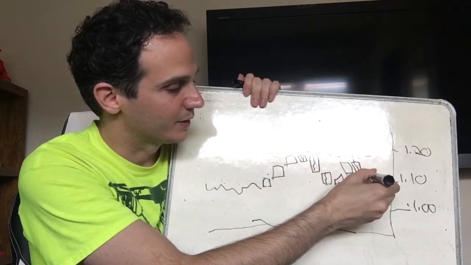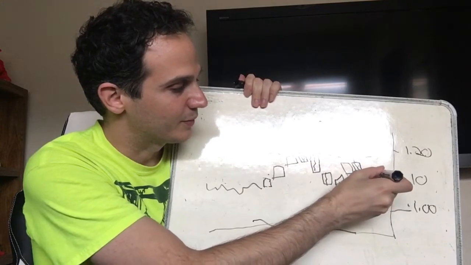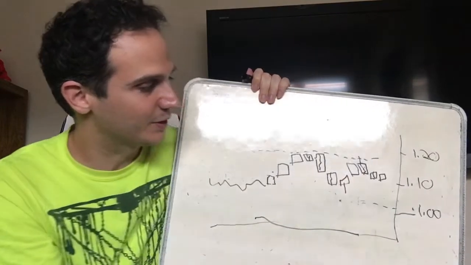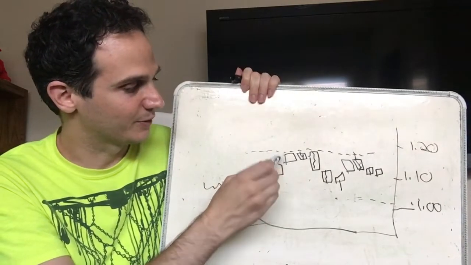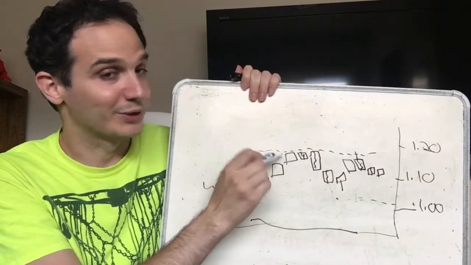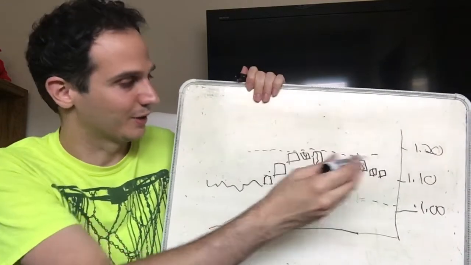Okay, and then this could be a green candle. And so now, since we have like two green to red moves, I can say resistance is starting to form.